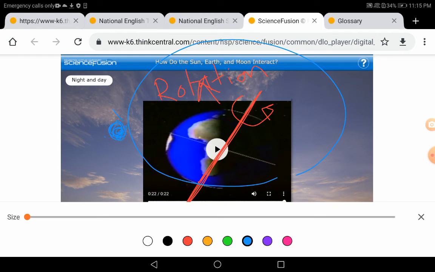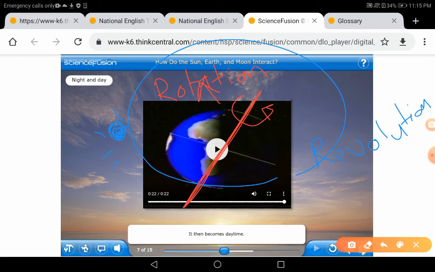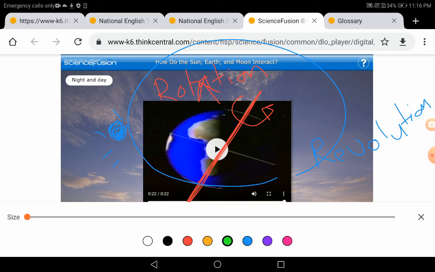How long does it take for the Earth to complete one rotation? It's 24 hours. And revolution, to revolve one time around the sun, it's 1 year.